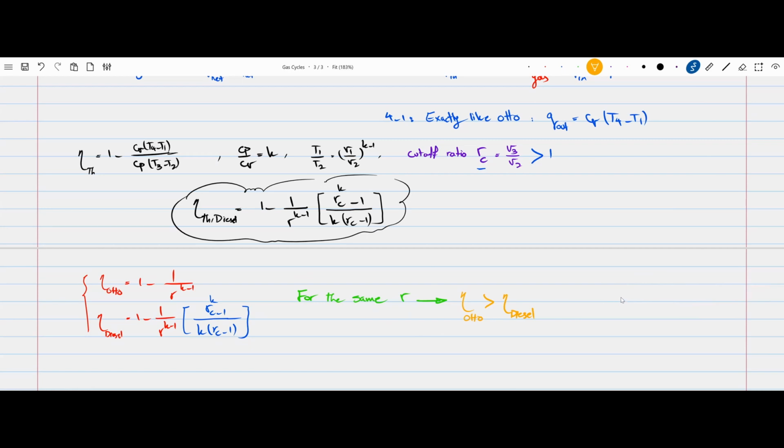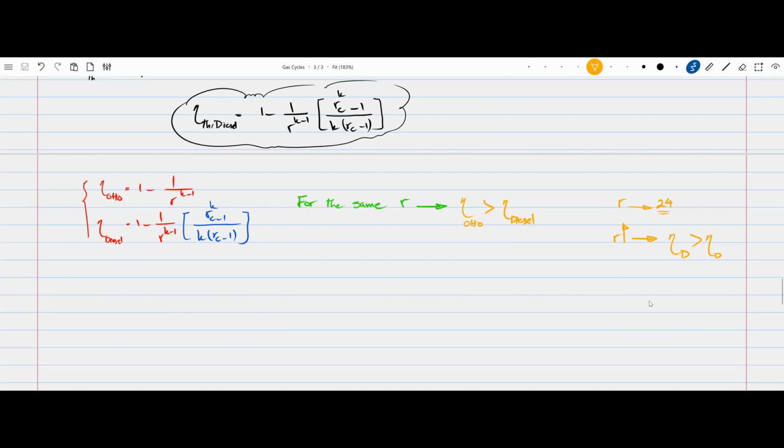We don't want a spark there. So the r's that are typically used for a diesel engine can be as high as something like 24, meaning that because the r's of the diesel are so high, generally speaking, the diesel engines have higher efficiency compared to Otto engines. Because the higher r is achievable in these engines, we can use lower grade fuels that are not as refined as gasoline in these engines. As a result, the price for the fuel is going to be much, much lower.